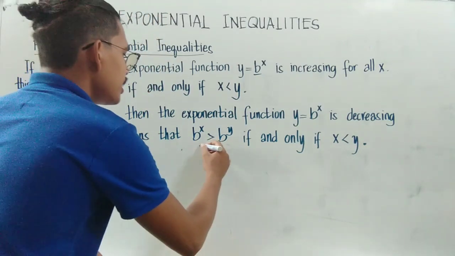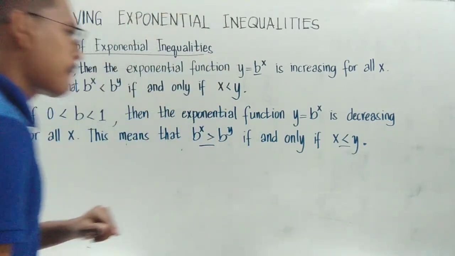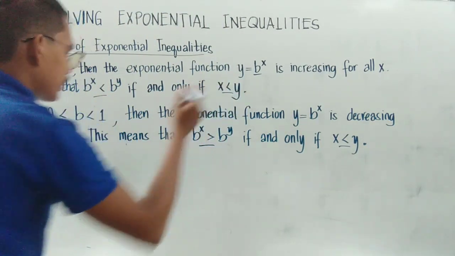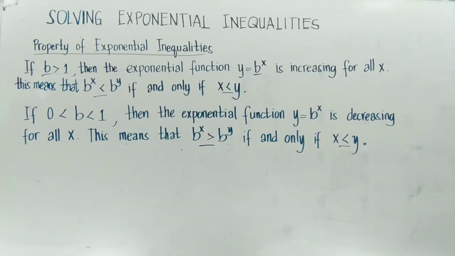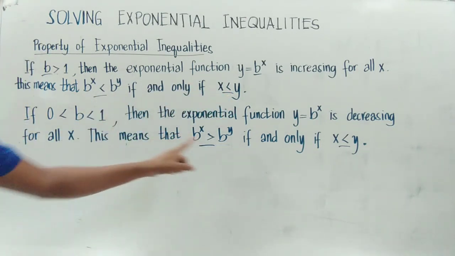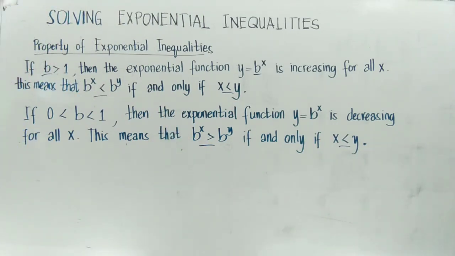If you can see the inequality symbol in here and the inequality symbol in here, on the first one the inequality symbol is retained, on this one the inequality symbol is reversed.